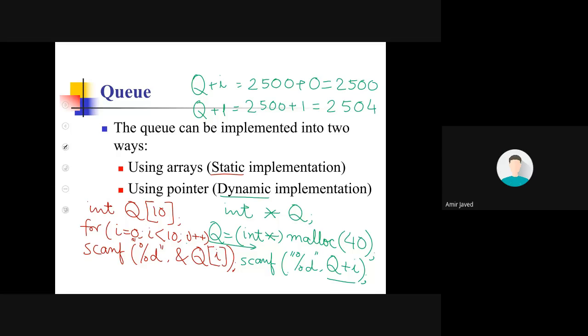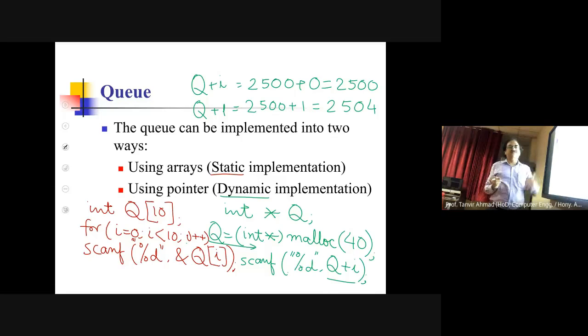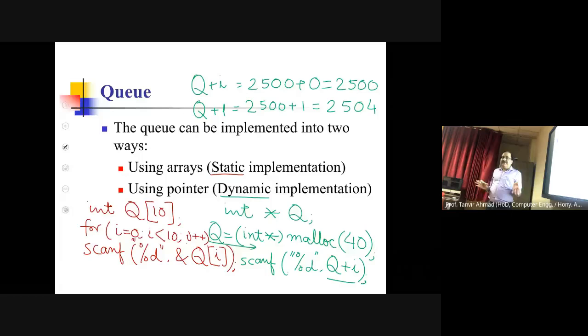Yes, sir. Now, some of you might think, what is this mathematics? It's very pure, correct mathematics. If Q is a pointer, pointer plus 1 means the starting block of the second element. Therefore, don't confuse it with normal mathematics.